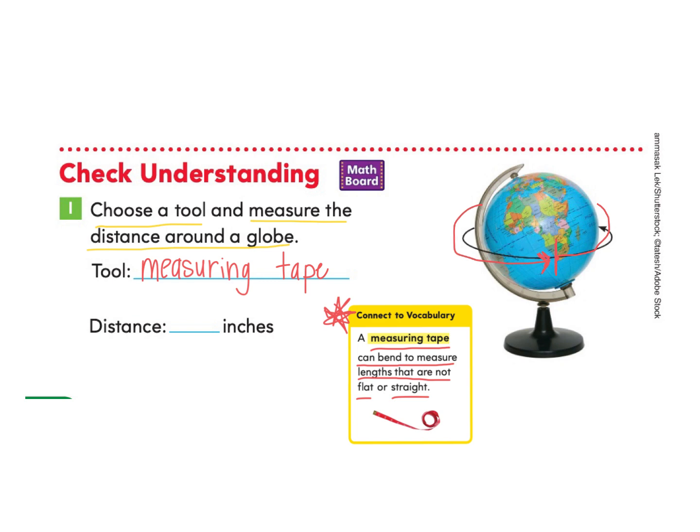So I'm going to measure all the way around the globe. And when I measure with the measuring tape, I find that my globe is 16 inches. You may go back and watch this video at any time, and you can pause along the way anytime as needed. Great job.